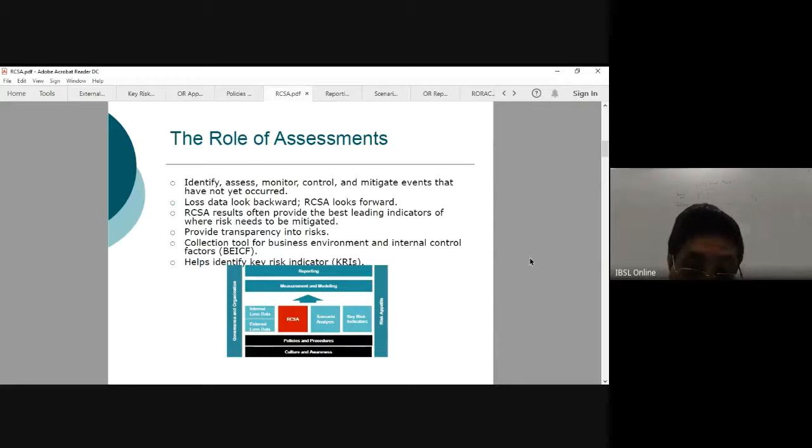And you have to identify these functions, and all functions to be described with different activities or different processes to achieve the function. So that is the first exercise with regard to the RCSA. So the department people or the branch people will document these things. That's the first activity.